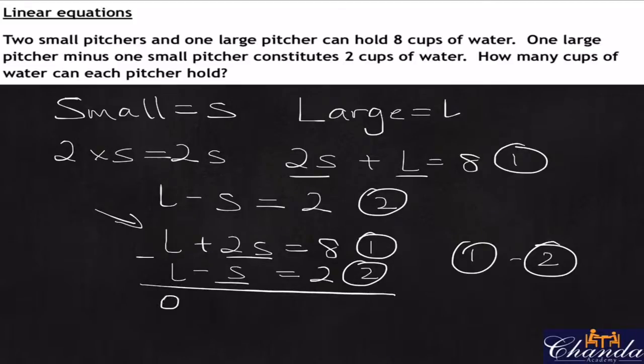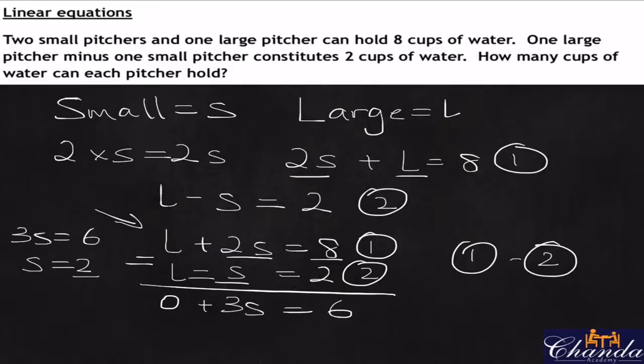Then we have 2S minus negative S, which is 2S plus S, gives me 3S, equals 8 minus 2, which is 6. So 3S is equal to 6. So S is equal to 2. So the small pitcher can hold 2 cups of water.